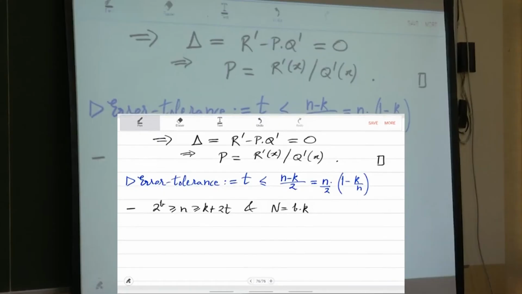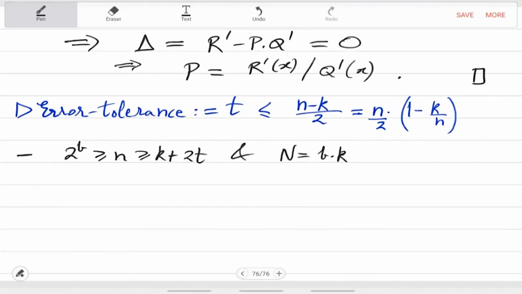So this k over little n will be actually quite small. So you can get arbitrarily close to little n by 2. Okay, so if you want t to be 49%, that you can achieve by appropriately fixing k, little n, and b.